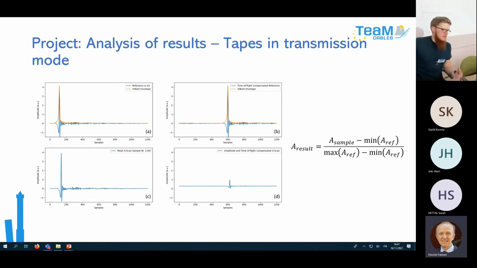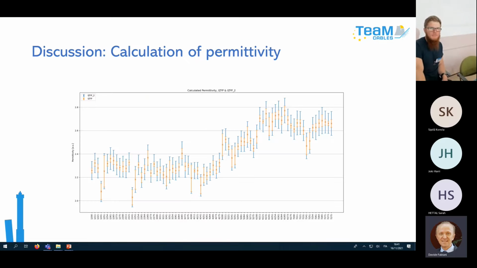Something else we did was a little normalization, where we took the amplitude of the sample and the amplitude of the reference, and we used this formula to normalize it. But still, here you can see the permittivities in arbitrary units of quite a bunch of sheets.